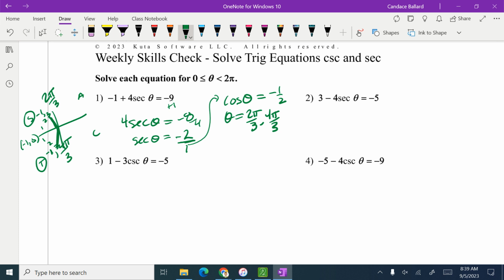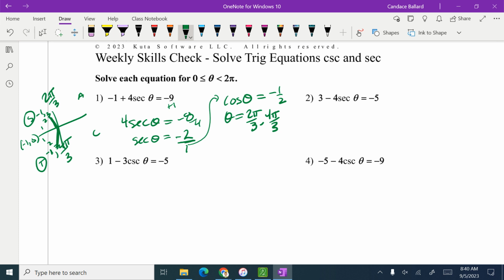Another secant. Okay, let's check it together.